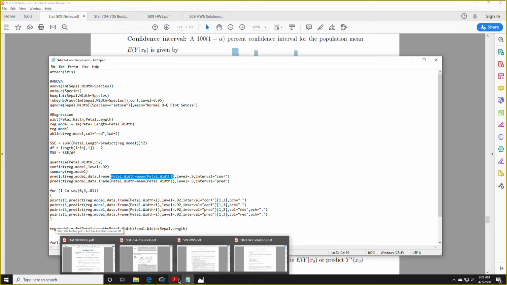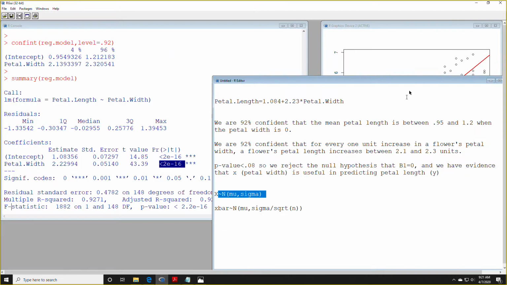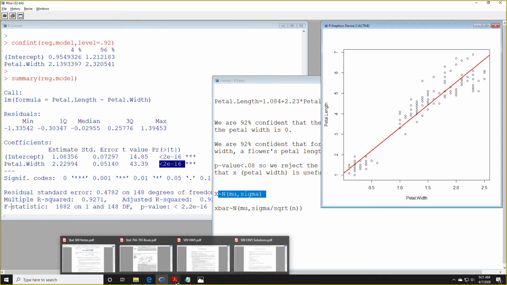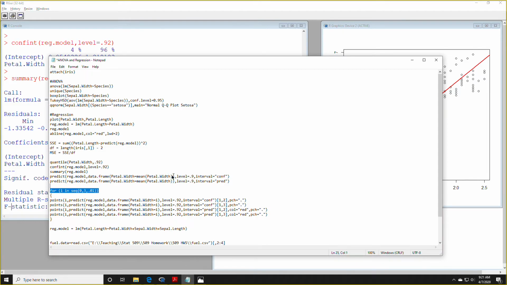So before I was saying maybe I want intervals for when X is 2, okay? If that was the case, then I would just plug in 2 right here, okay? But what this function is doing is saying I want intervals for the X value to be the average X value.